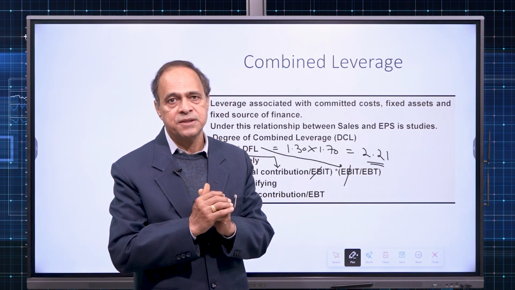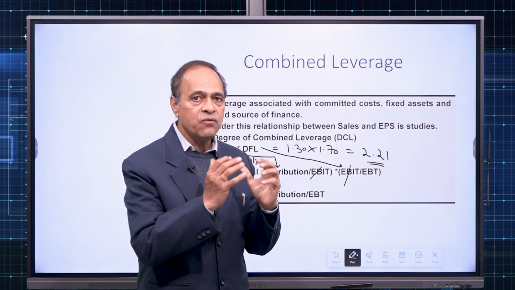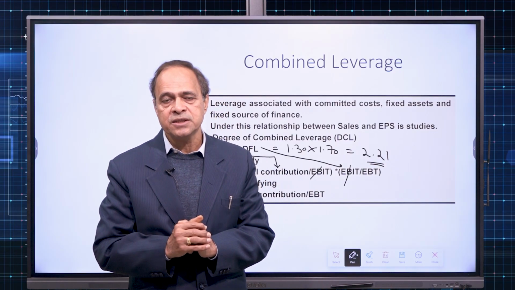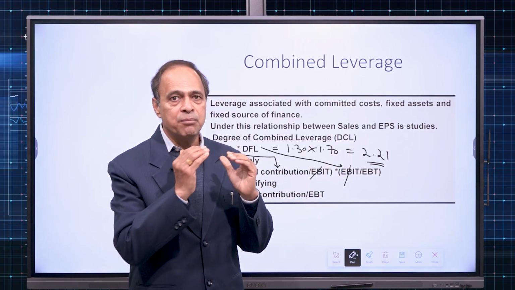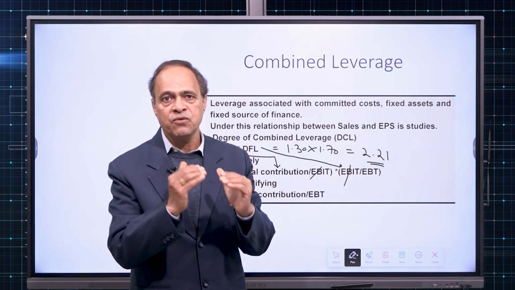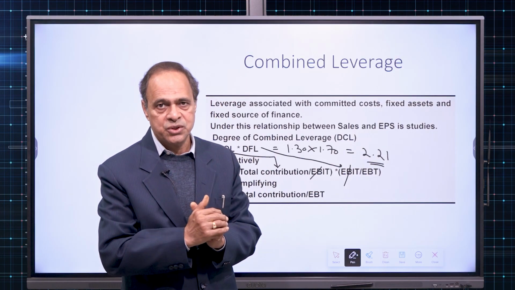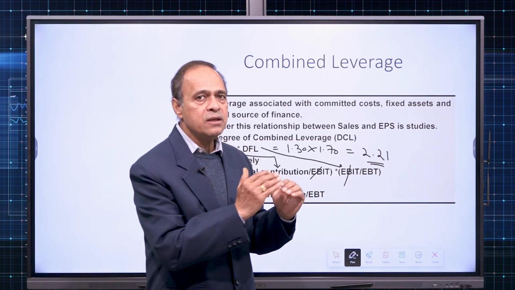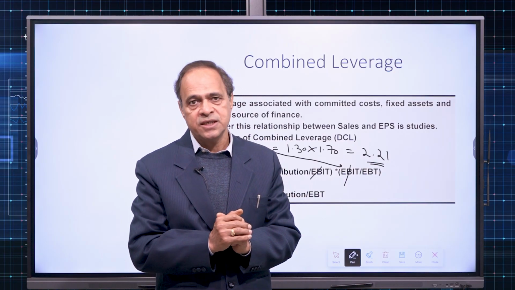That is operating risk. And one factor responsible for the operating risk is presence of committed cost or presence of fixed cost in the operating cost. Another risk originates from financing side.